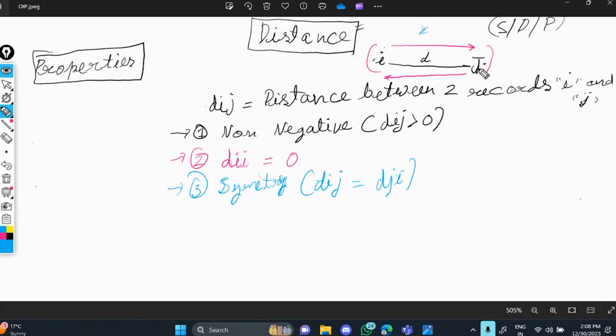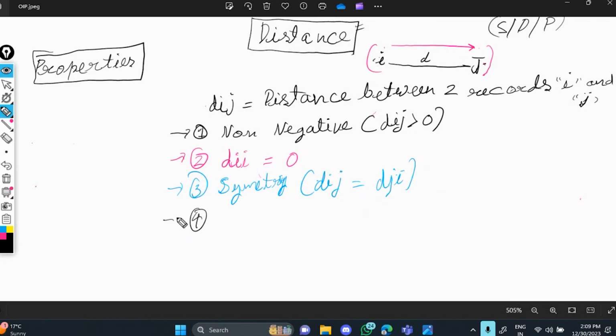And if we try to calculate the distance from j to i, let's reverse that, the distance is the same. By reversing these things, the distance will not change. That is why we are saying symmetry. That means dij equals dji. The values are still the same. The distances are still the same.